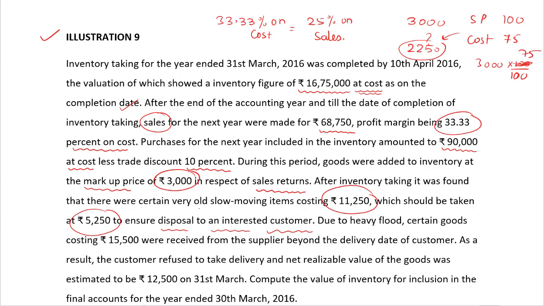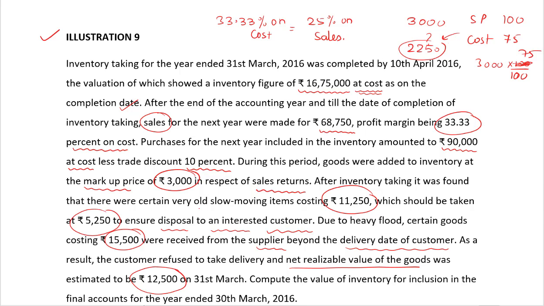Fine. Due to the heavy flood, certain goods costing 15,500 were received from the supplier beyond the delivery date of the customer, and as a result the customer refused to take the delivery. And the NRV of that good was 12,500.